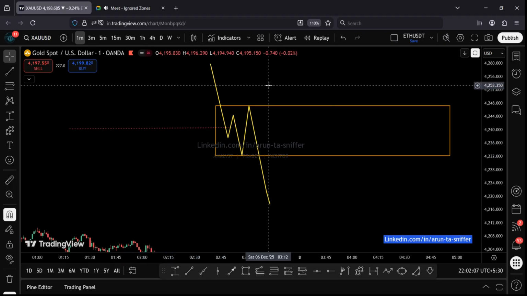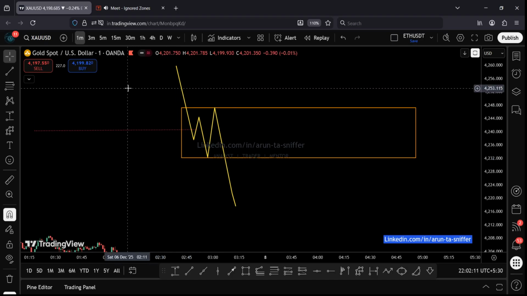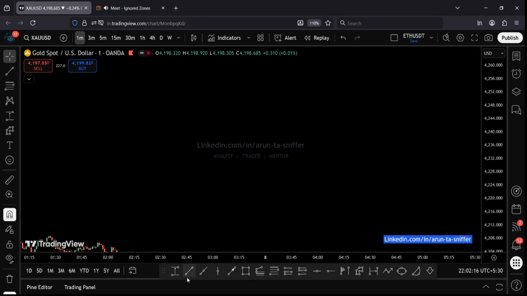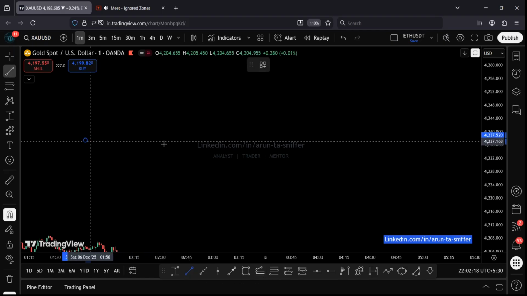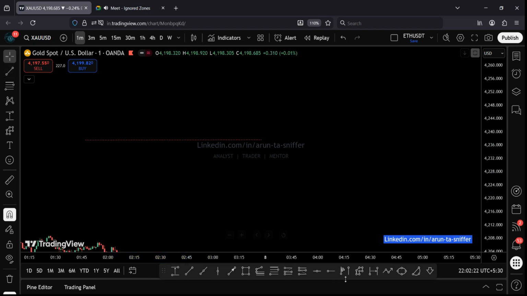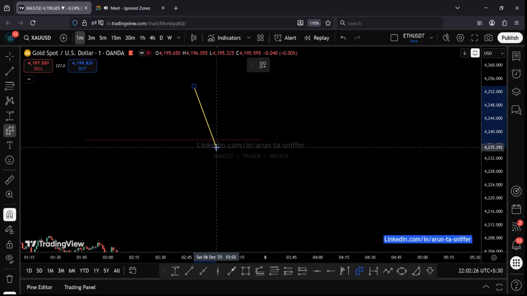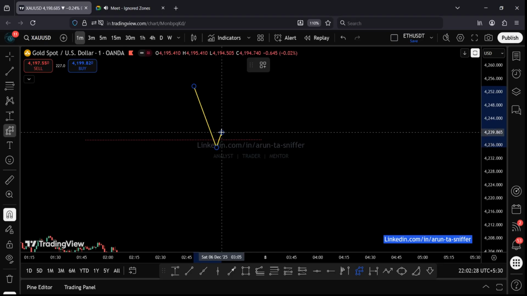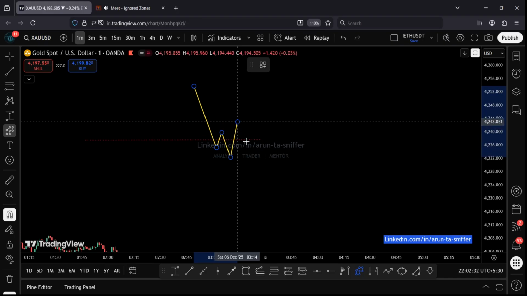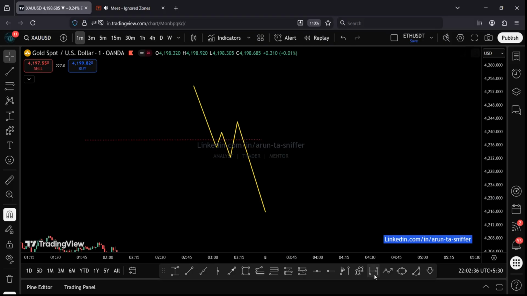So what happened? Or we can consider it like this. Let's start from the left. Think like there is a level here. This may be a QML level, RS level, anything. Price comes down, breaks this, pulls back a bit, comes down, pulls back again and goes up and then comes down. So we will draw our zone like this.